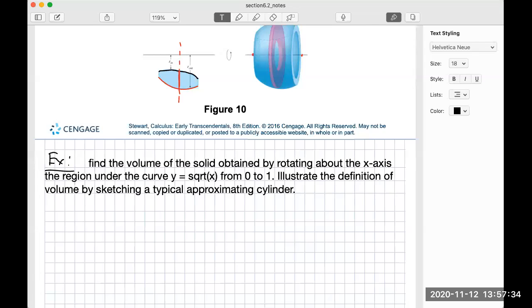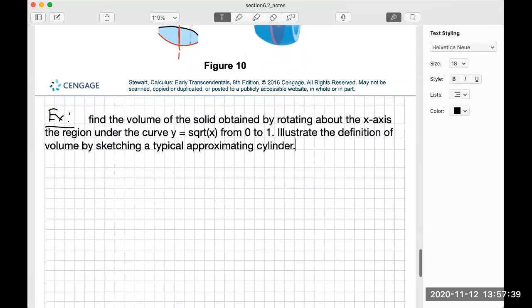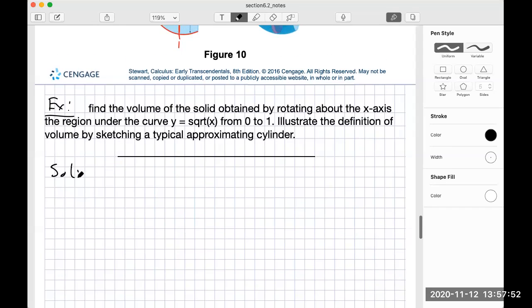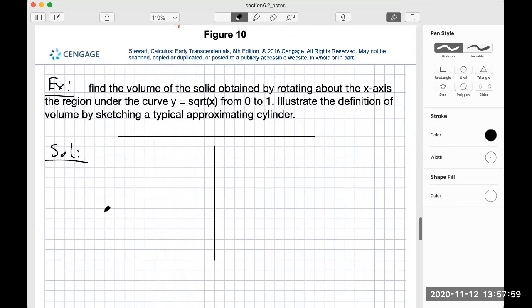Okay. Before solving this, let us try to illustrate this function, right? So you can sketch the function following the steps in chapter 5, right?